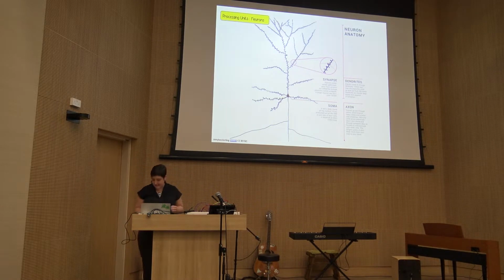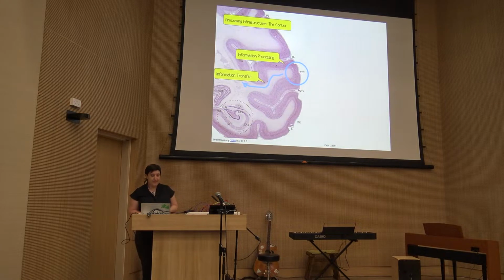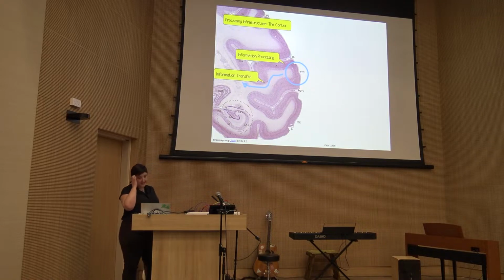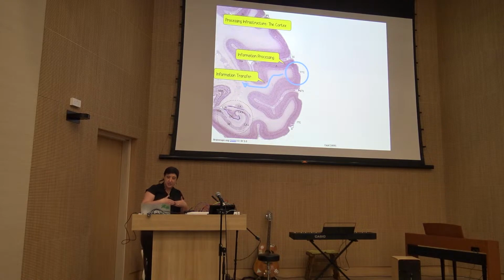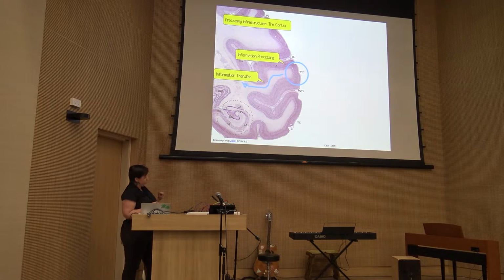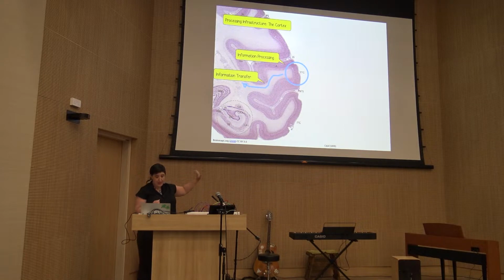So where do all of these cells exist? There's a thick layer on the outside of the brain called the cortex. And we can see here, this is actually a slice of a genuine brain of a macaque monkey, which has several structural features that are similar to our own brains. And you can see that this slice of brain has been dyed so that the cell bodies come up in this purple color.